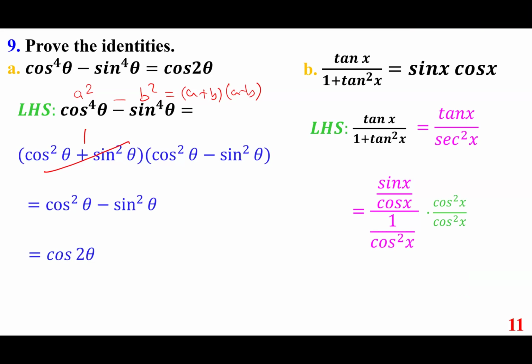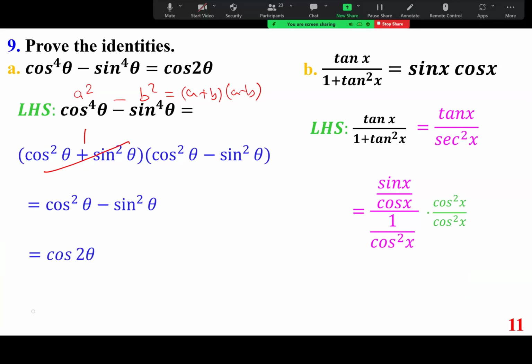And of course, this becomes sine x cosine x. These two completely cancel each other. We get the right side, sine x cosine x, and we are done.